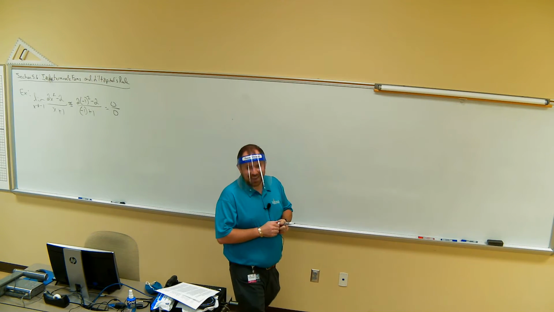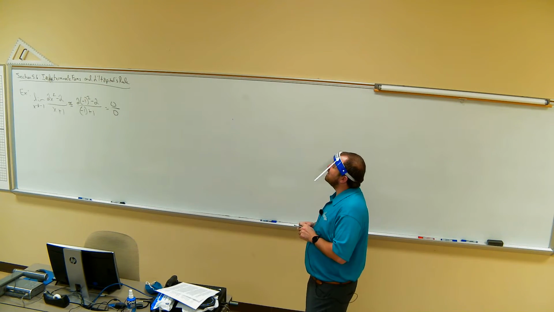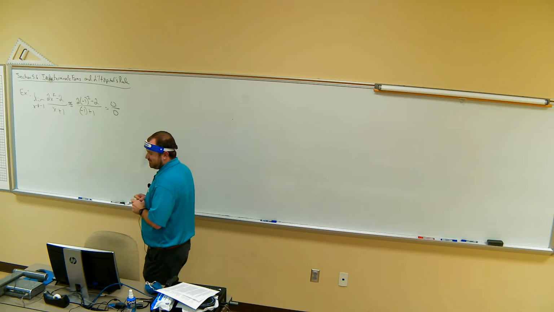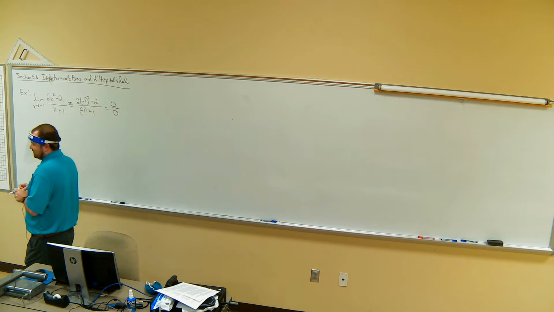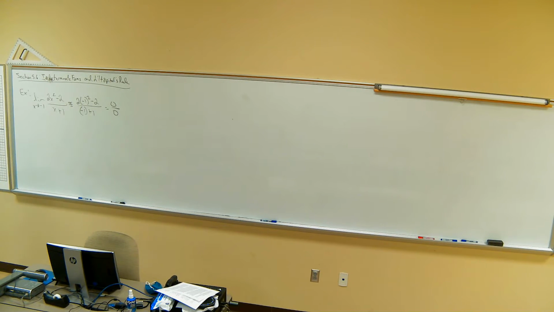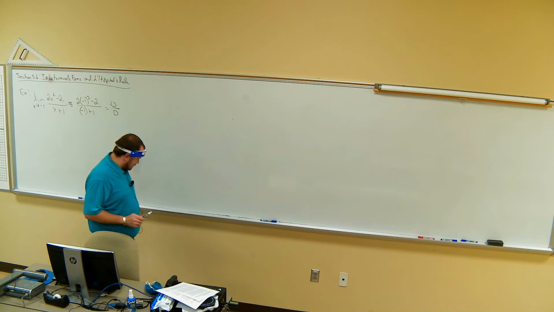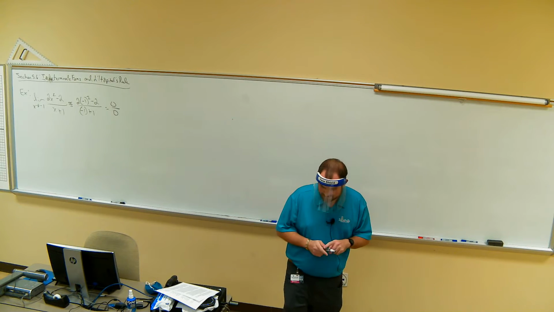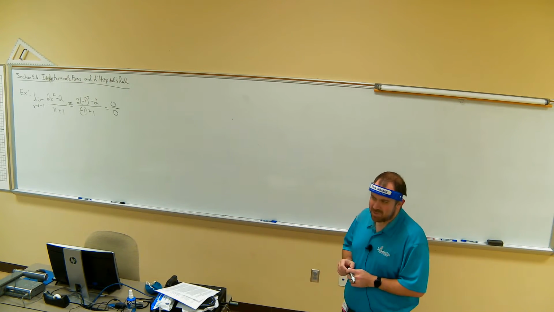So pull out your graphing calculator. Look at the graph of this function around -1. What's going on?